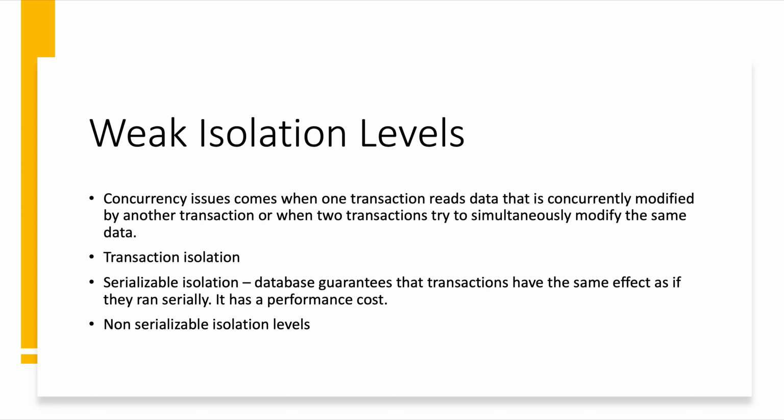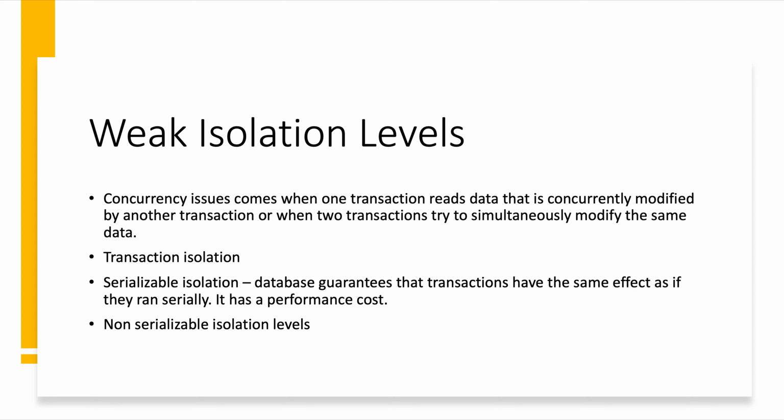So, databases have tried to solve this issue by providing transaction isolation. Transaction isolation pretends that no concurrency is happening. Basically, this is serializable isolation, and all it guarantees is that the transactions have the same effect as if they ran serially.